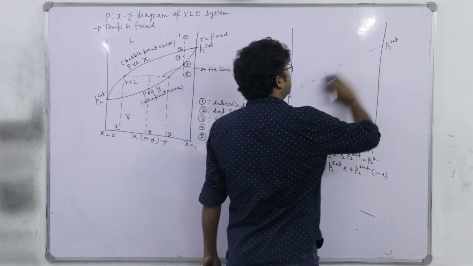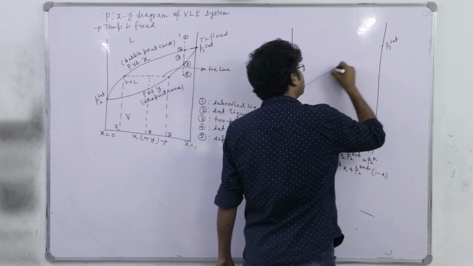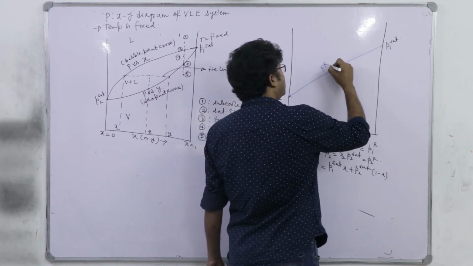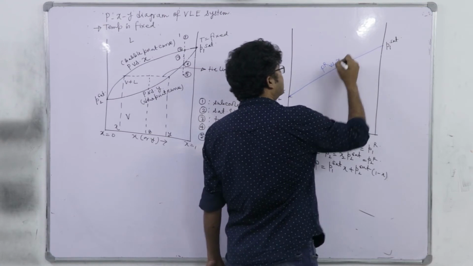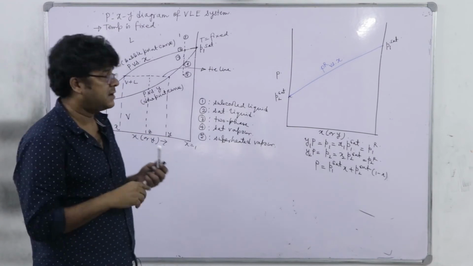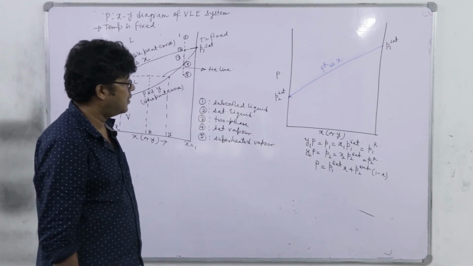Or rather, let us use a solid line. So this is pressure predicted by Raoult's law versus x. It is a straight line connecting the 2 points at x equal to 0 and x equal to 1.